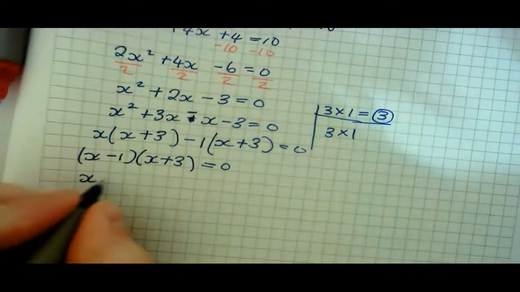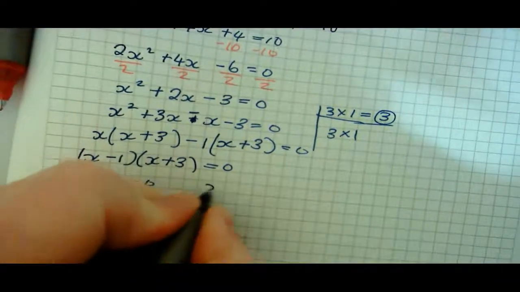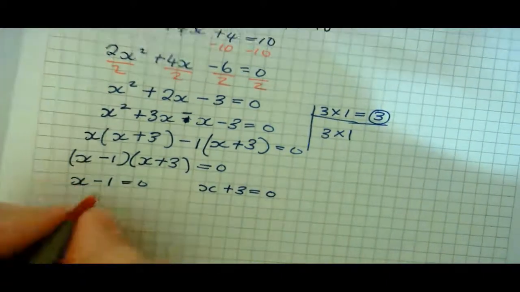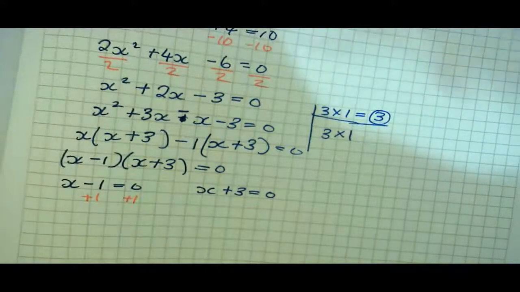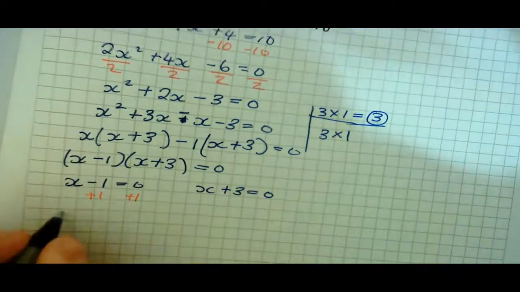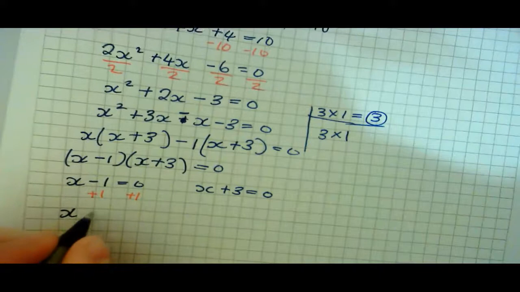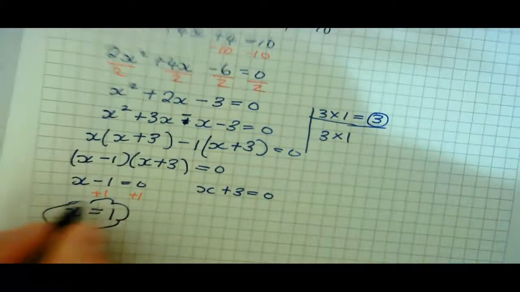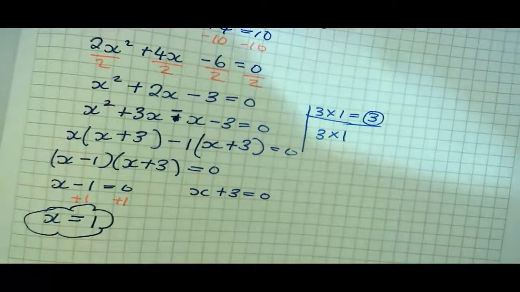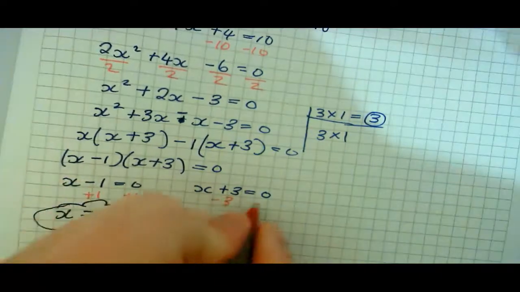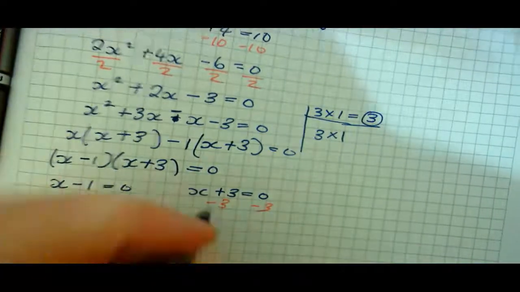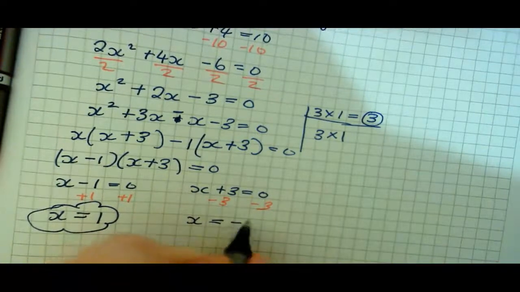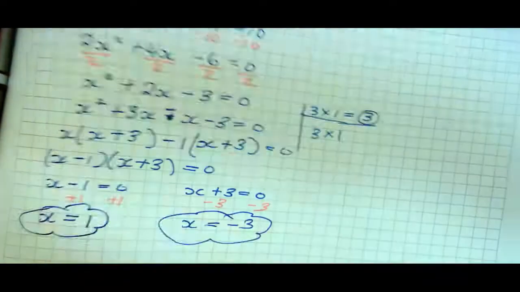So my x minus 1 is equal to 0, or my x plus 3 is equal to 0. So I need to add a 1 to both sides. X then minus 1 plus 1 is 0 is equal to 0 plus 1 is 1. And I need to take off 3. X then plus 3 minus 3 is equal to 0. 0 minus 3 is minus 3. So now I have my two values for my x.